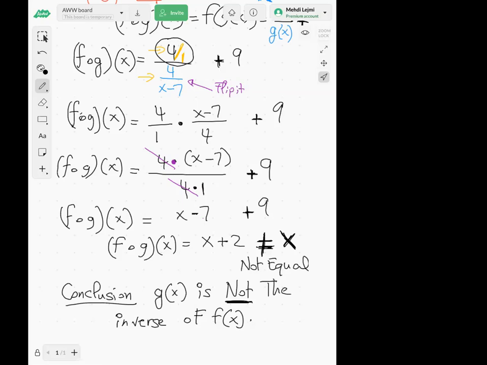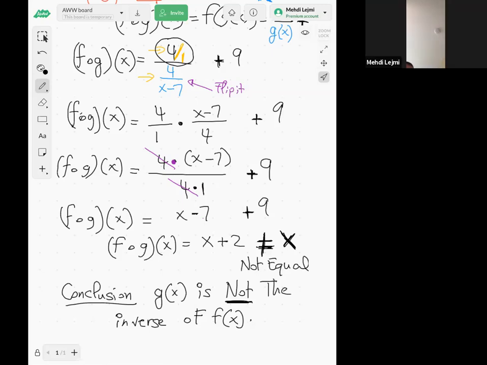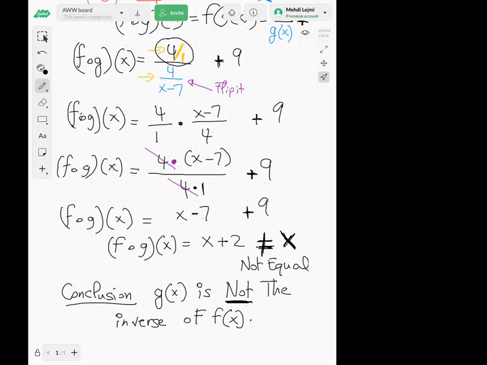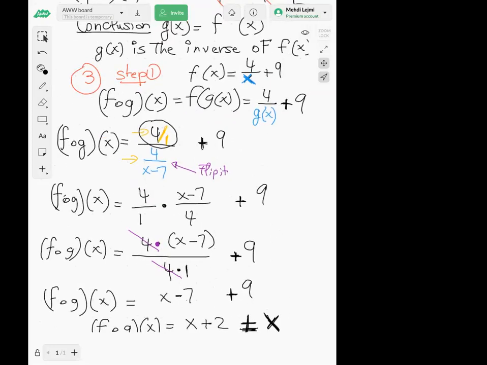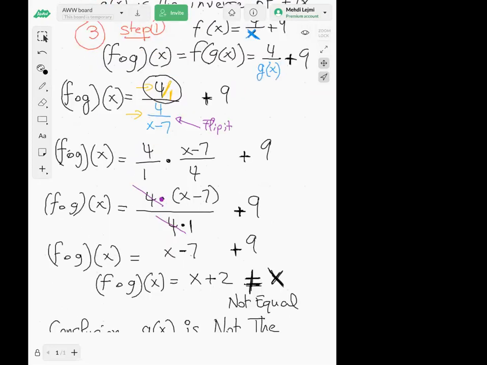Wait, actually, Professor, can you also write it as, I don't know how to say this. You see how you put g of x and you put equal, and then you put f exponent -1. So you could put not equal in the middle instead of writing the whole thing.